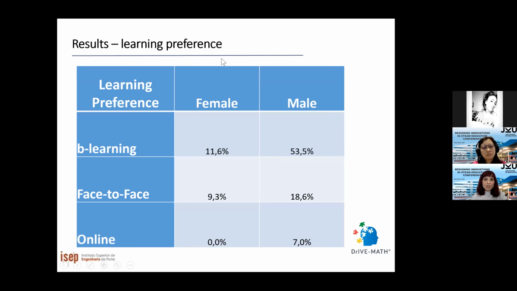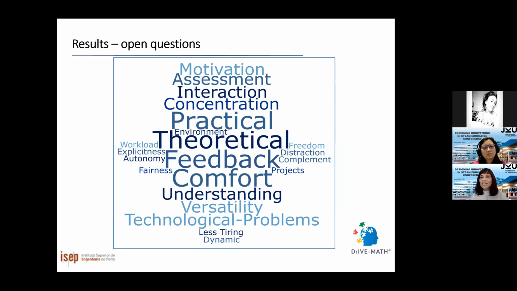None of the girls wanted fully online, and only 7% of the male students said that they would prefer a fully online regime. So the students like to be there, they like the social engagement with the students, with the teacher, they like to be at school. One wouldn't think that they would like so much to be at school, but yes, they do like to be there with us.